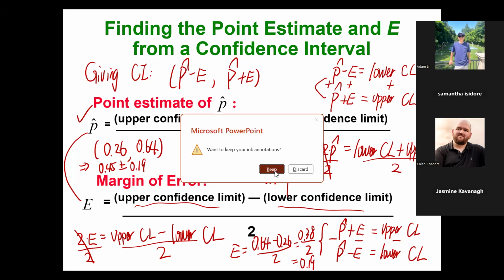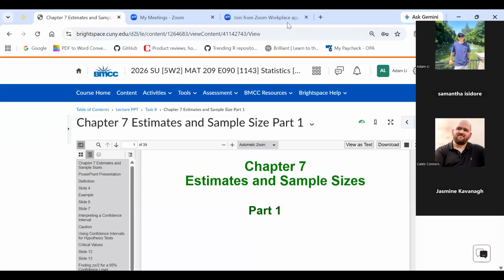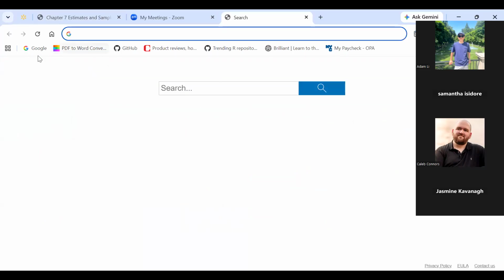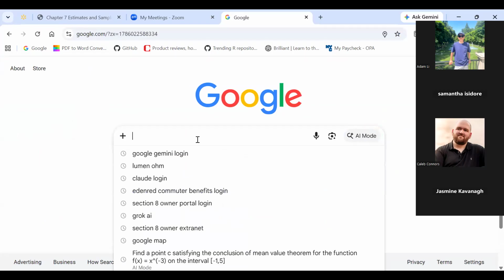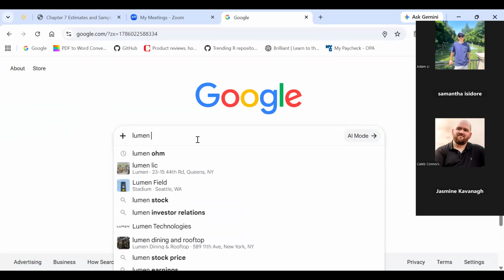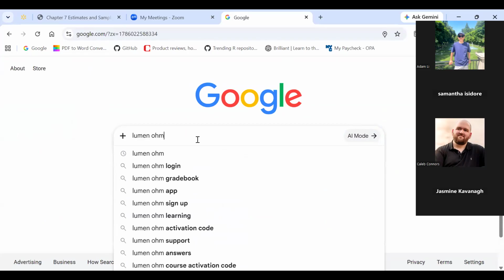Now let's go back to Brightspace, I mean Lumen, and work on some exercises in this section, completing the confidence interval to estimate the population proportion. So that's an exercise here.